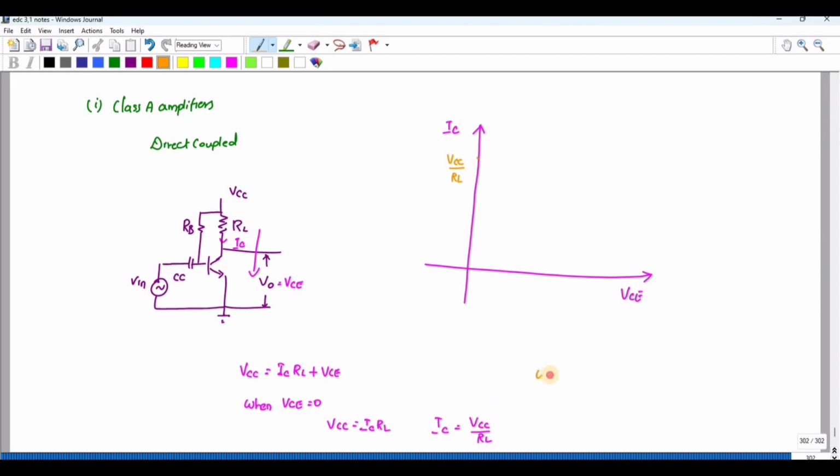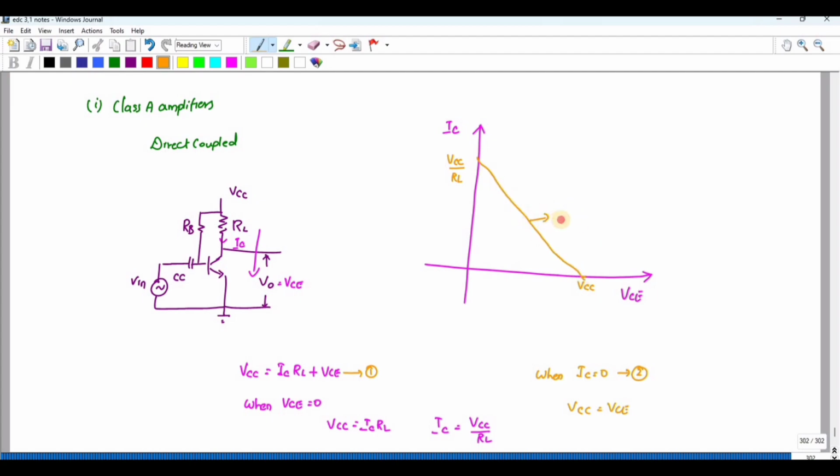Second, when I substitute IC equal to 0 in equation 1, which is this equation 2, VCC is equal to VCE. So at this point VCC is equal to VCE. Now we can draw the line.